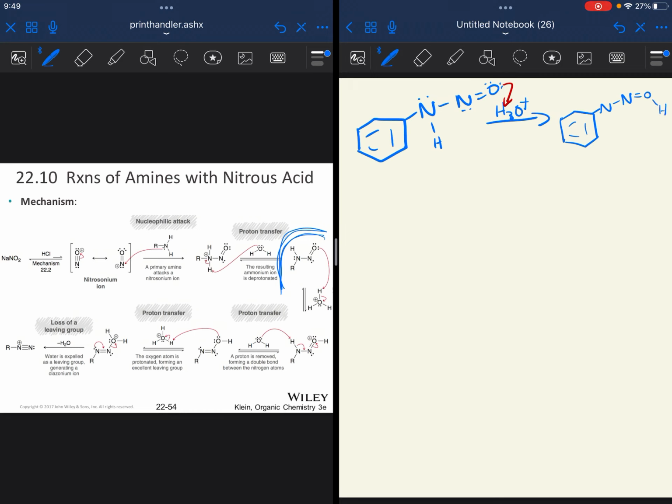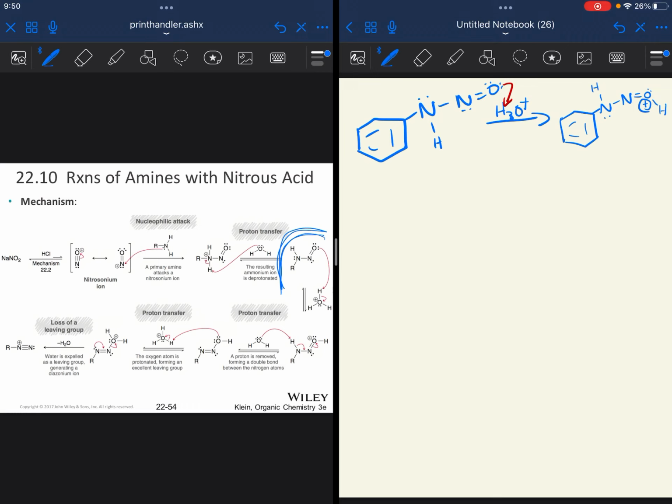We're not all the way there yet. Because again, we're in acid. So a hydroxide is not going to be the easiest thing to lose. So then before we give it another proton, because it's already got a plus charge, it's got 3 bonds and a lone pair, what we're going to do first is we're going to do a little solvent-mediated proton transfer.